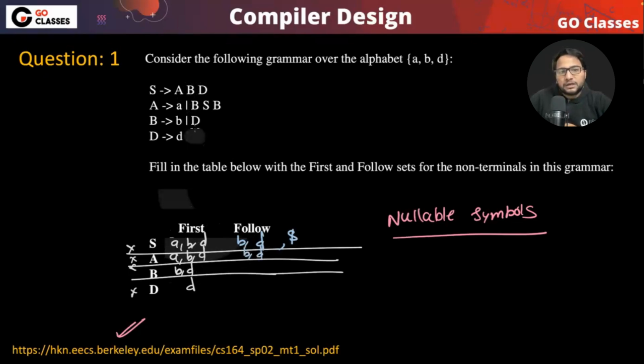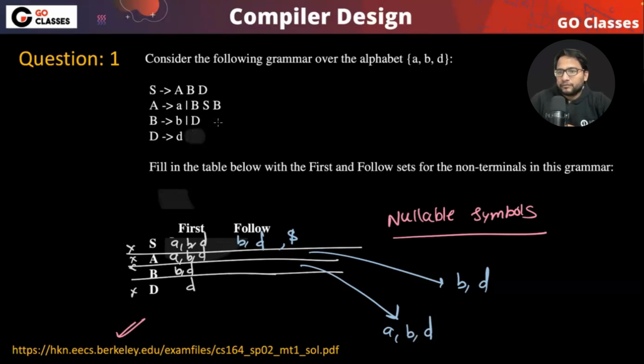And what is the follow of capital B? Let me write it. This is b, d. What is the follow of capital B? It is the first of capital S. So what is the first of capital S? a, b, d. See, the follow of capital B will be the first of capital S. Is this fine to everyone?